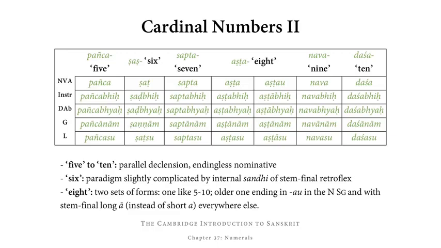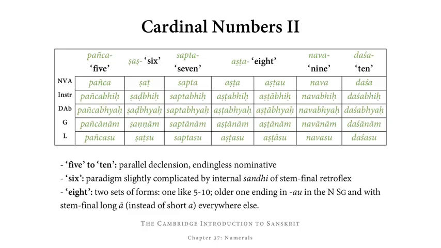All easily recognizable. Some numerals are a little tricky, perhaps. The first of these is shash, meaning 6, and that's a little tricky because of its internal sandhi. We just don't have many stems that end in retroflex sh, and so we're just not used to this. What we get is in the nominative, vocative, accusative, the sh turning into t, so we get shat.